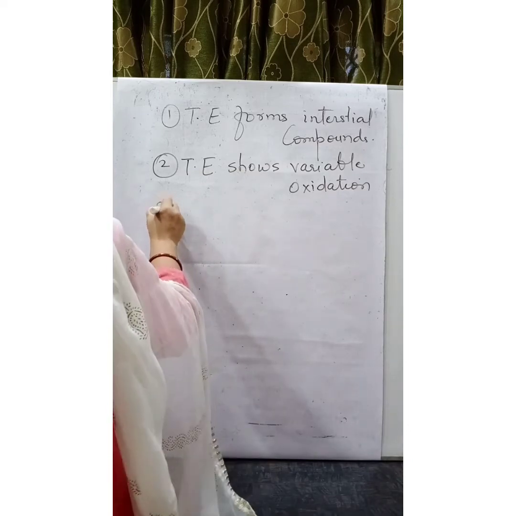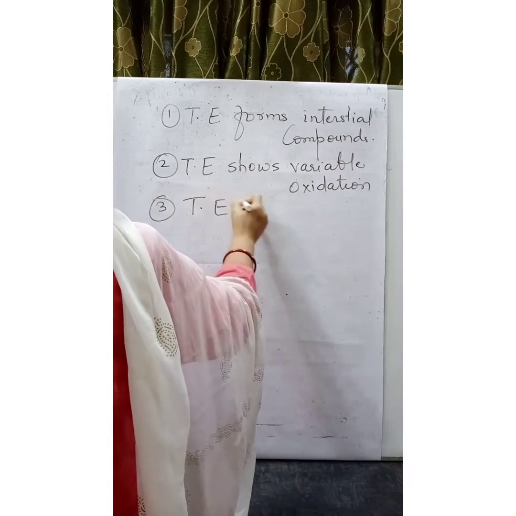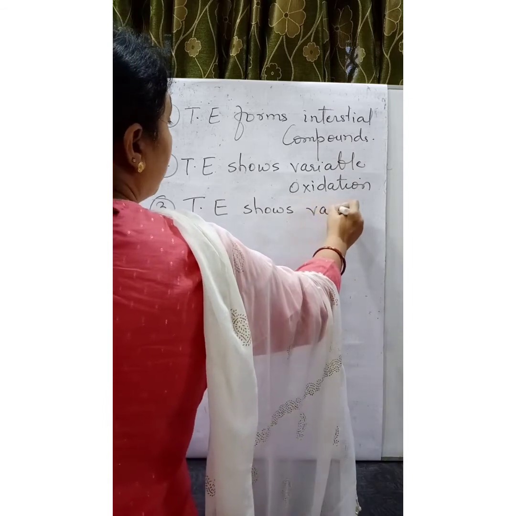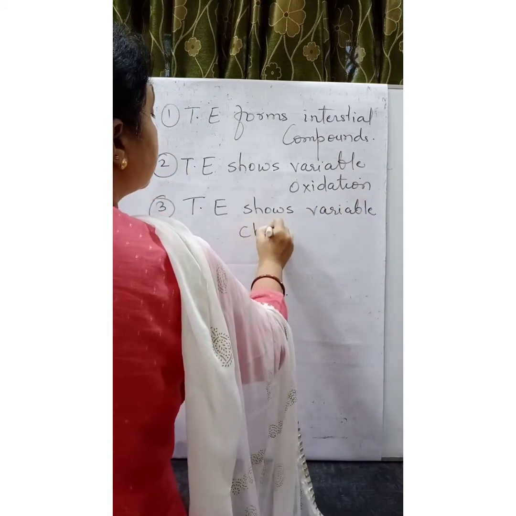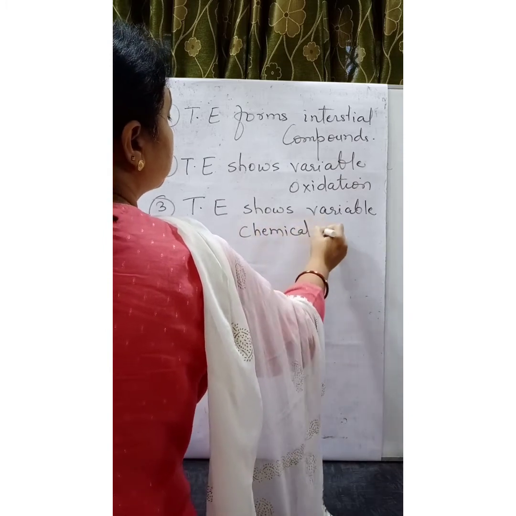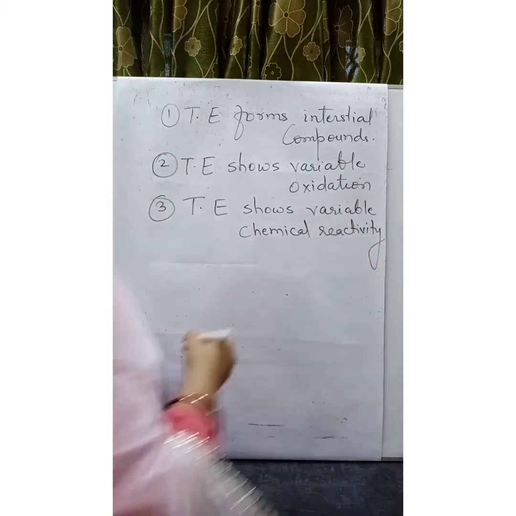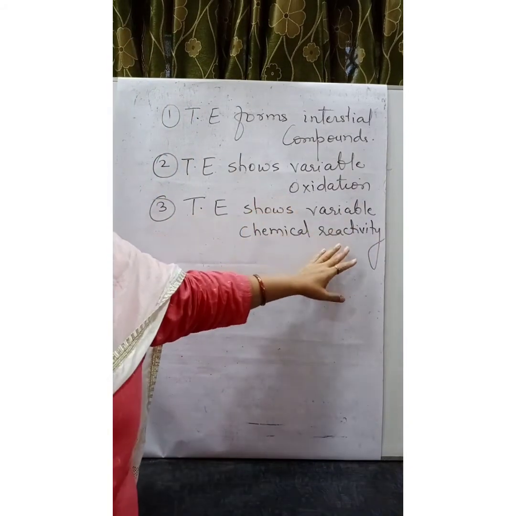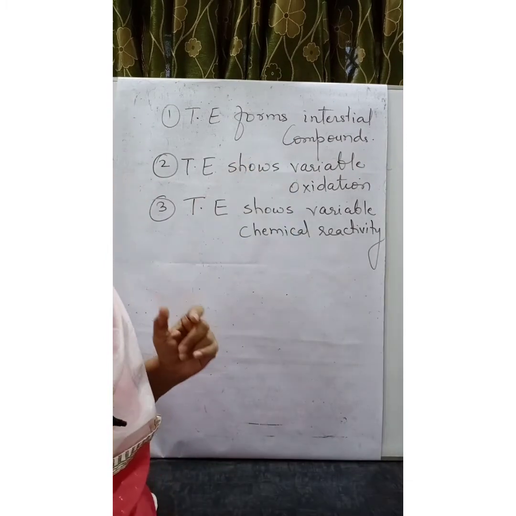Then we move on to the third characteristic. Transition elements show variable chemical reactivity. Chemical reactivity basically depends upon oxidation state.